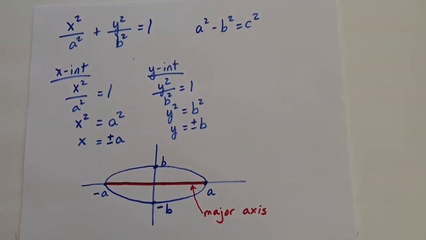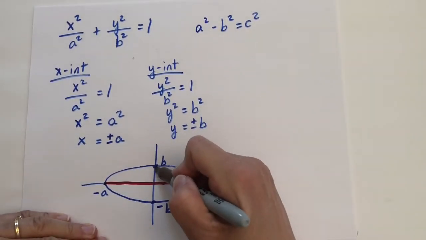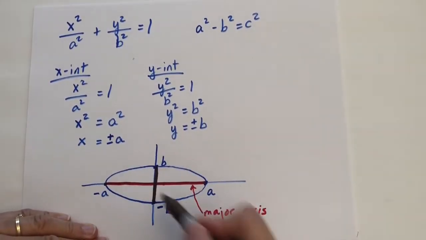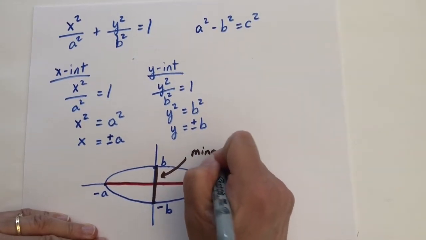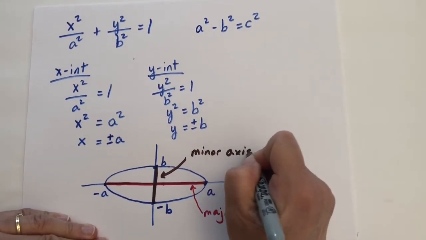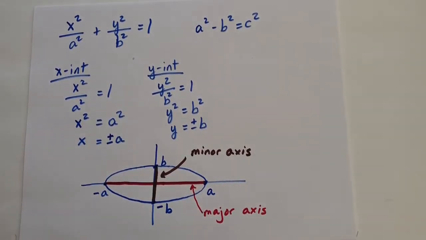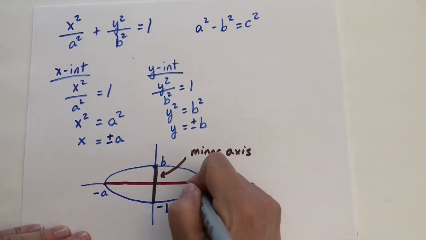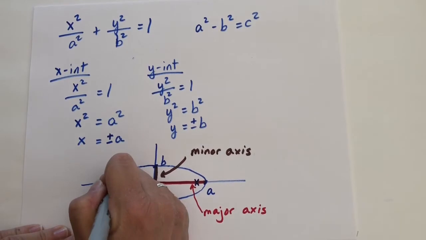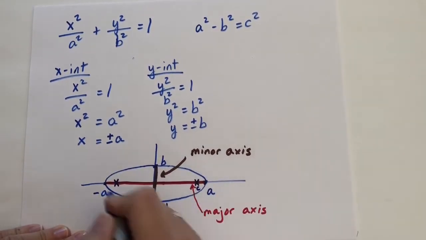And this axis right here, the shorter of the two axes, is called the minor axis. And the focal points are always on the major axis, c units from center. So the focal points could be about right here or here, c units away from center.